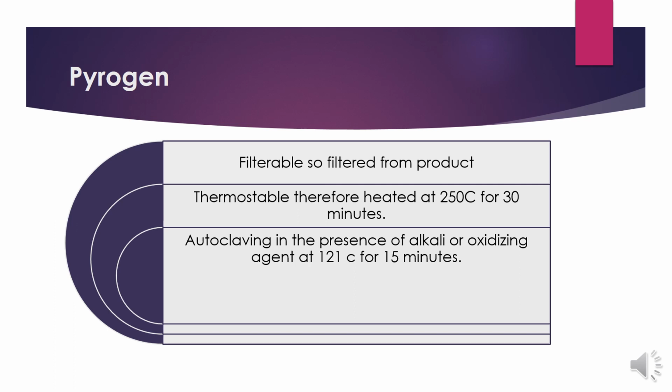In the presence of any alkali or oxidizing agent, and the normal sterilization temperature, that is 121 degrees centigrade for 15 minutes, you can also remove pyrogens from your preparation or your material.